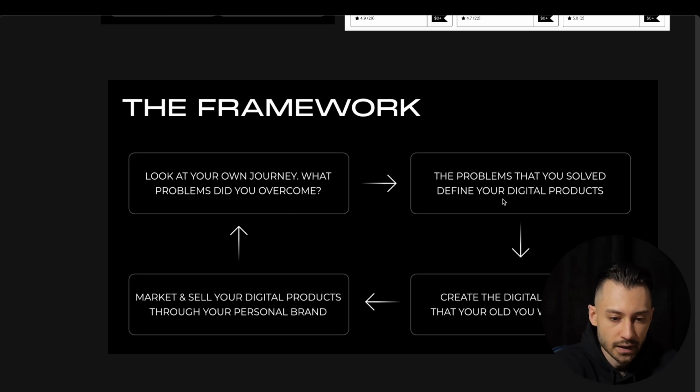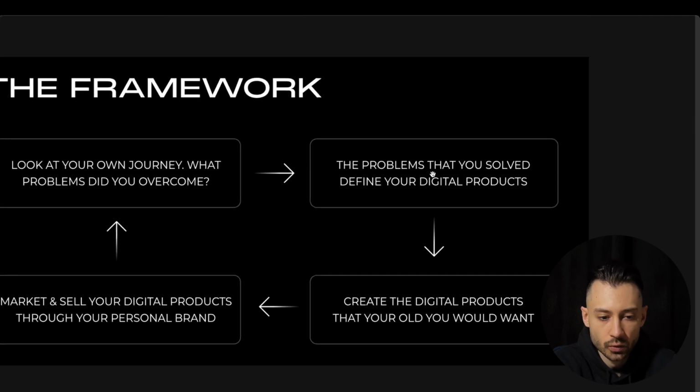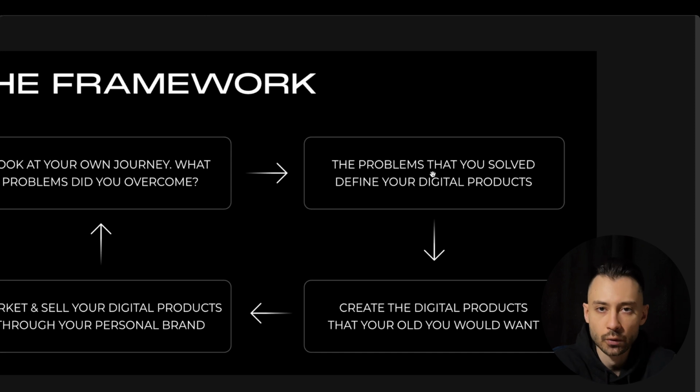So basically, these problems will define your digital products. You don't need to just reinvent the wheel. You don't need to completely change yourself or your niche. Just figure out what helped you, how you overcame some things, and then based around that, you're going to build your digital product.